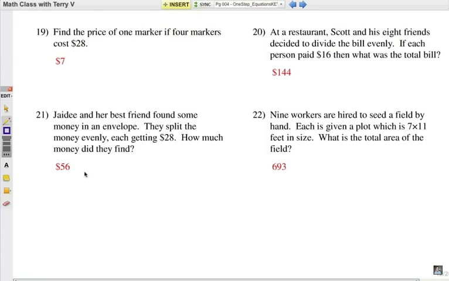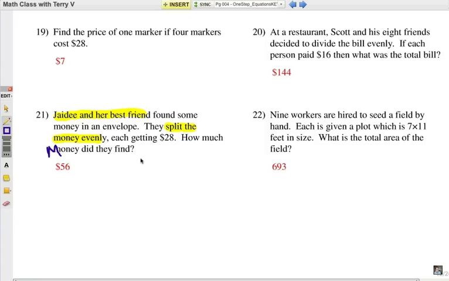All right, number 21, it says $56. Let's highlight some of the important information here. JD and her best friend, so that's obviously 2 people here. They found some money in an envelope. They split the money evenly, so there's a division idea again. Each getting $28. How much money did they find total? Well, I'm going to use capital M for money, or T for total, whatever you'd like.